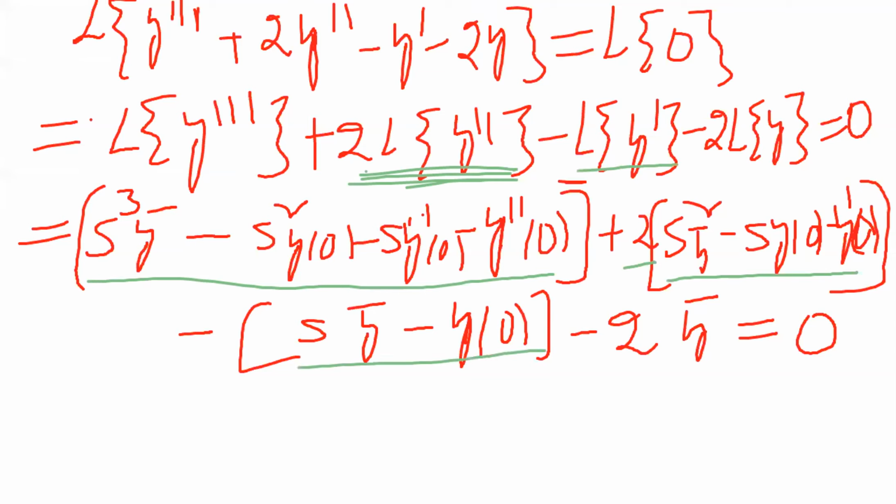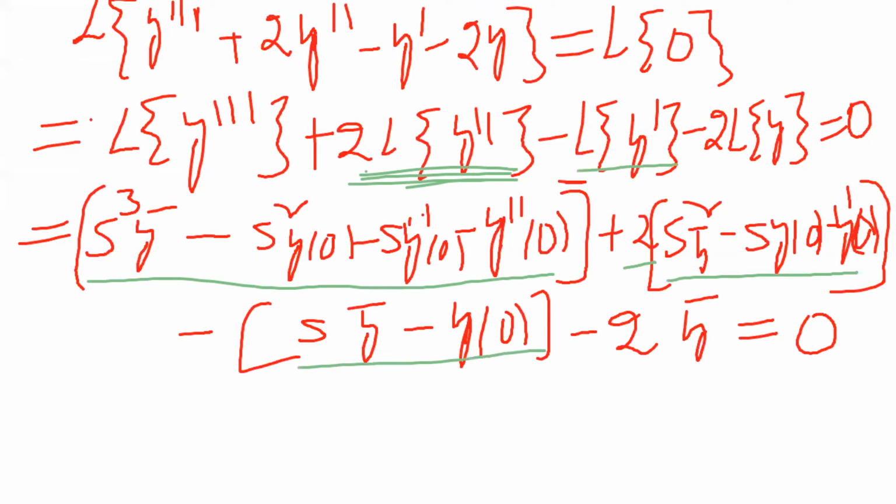That means y of 0 equal to 0 and y dash of 0 also 0. Replace y of 0 and y dash of 0 equal to 0, y double dash of 0 equal to 6. We have to substitute these three values in the equation.